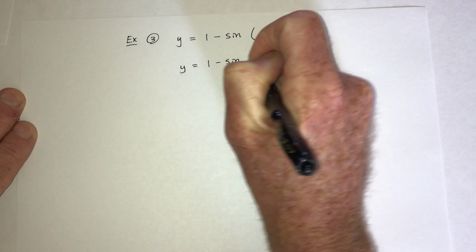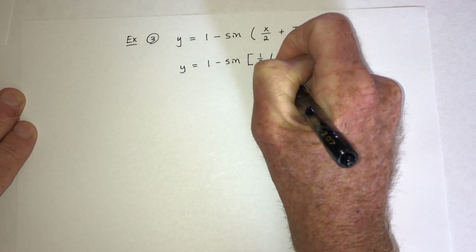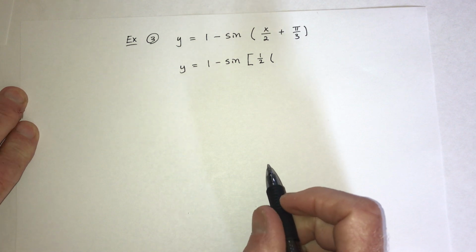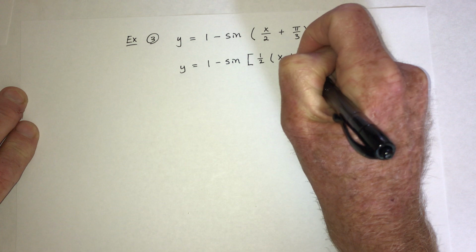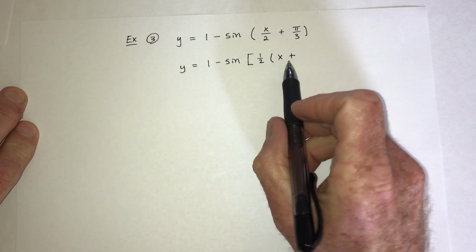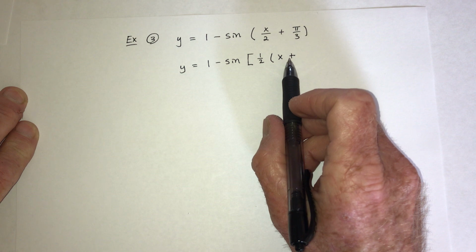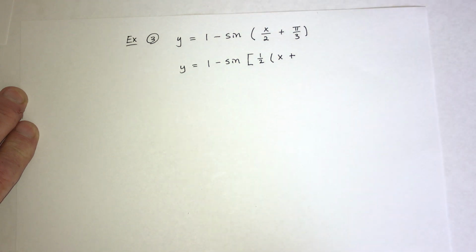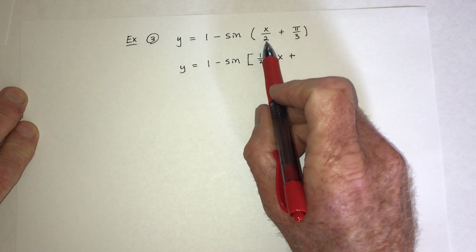So it's going to be sine, and then put brackets, factor out a 1/2, and then what does it leave? So for this term, it leaves just x plus, and the plus means it's going to be shifted to the left, but by how much? Well, this I divided by a 1/2 in order to get rid of this division by 2.